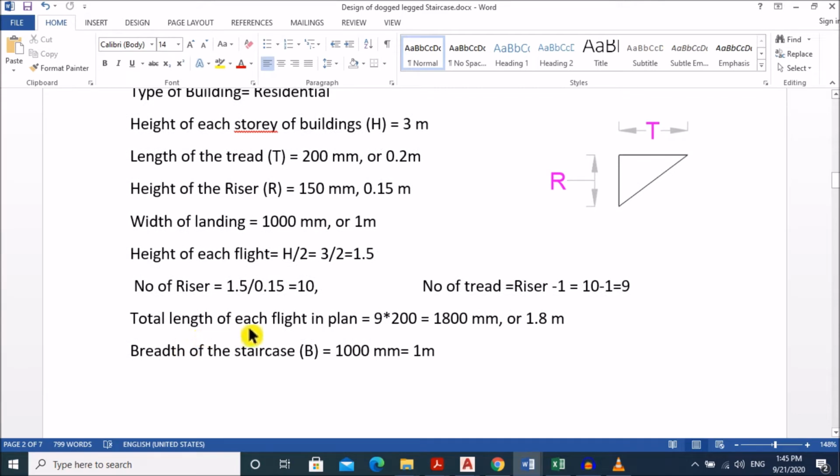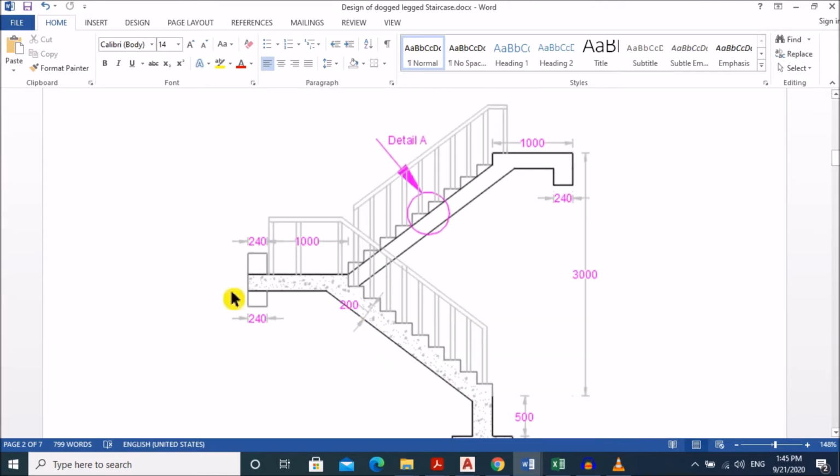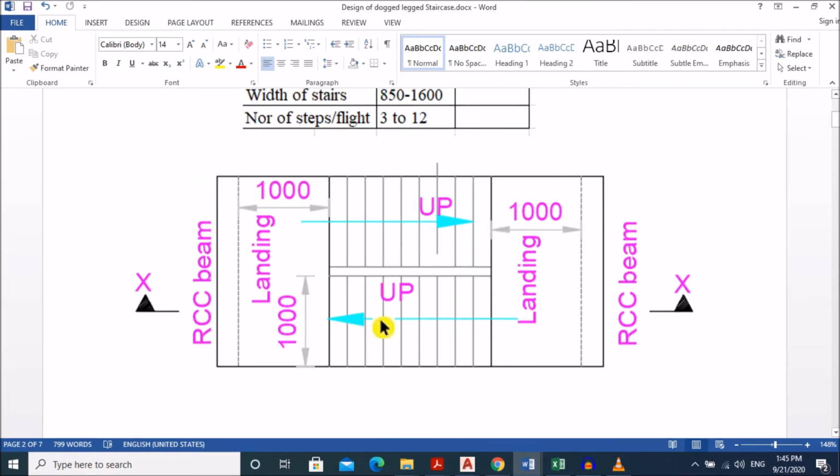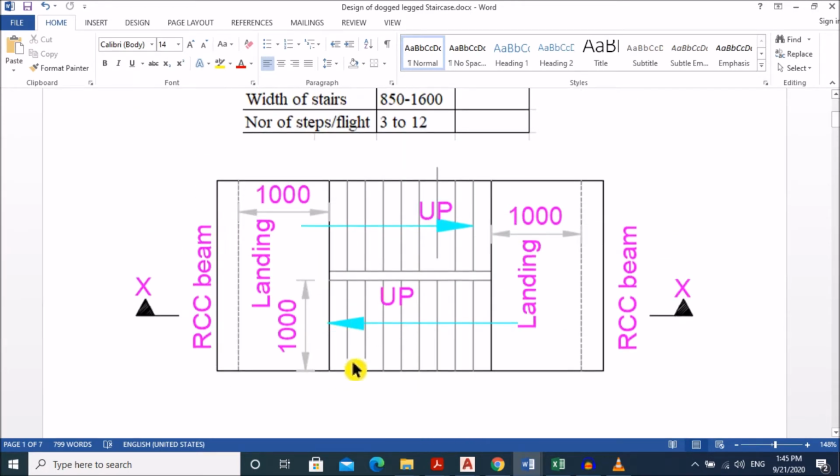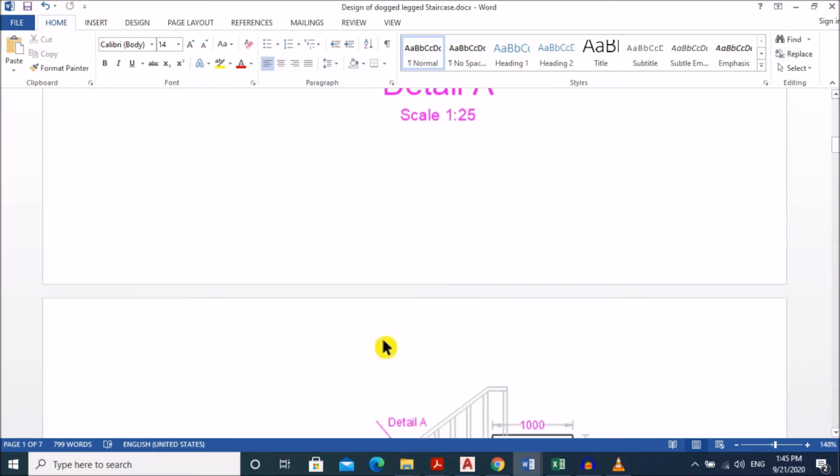Total length of each flight is width of tread multiplied by number of treads, that is 1.8 meter, right? The breadth of the staircase, b, equals 1 meter.